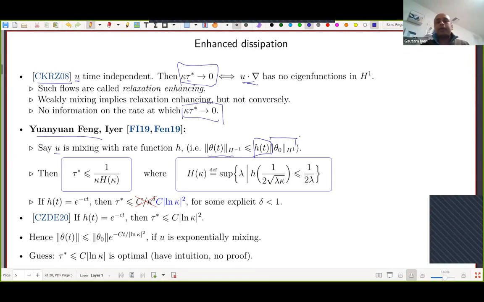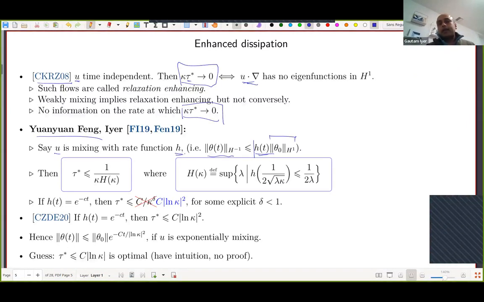So you need to be a bit careful, right? The only way you can define mixing rigorously is these asymmetric norms over here, right? So I have H-1 on the left, my mixing rate H on the right, and then the H+1 norm of the initial data on the right, okay? So this is my a priori assumption. My velocity field U mixes with a certain rate, okay?